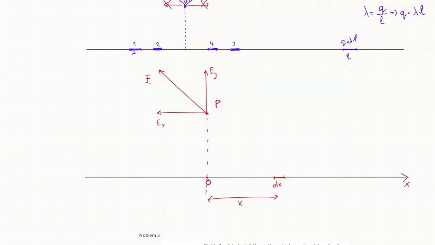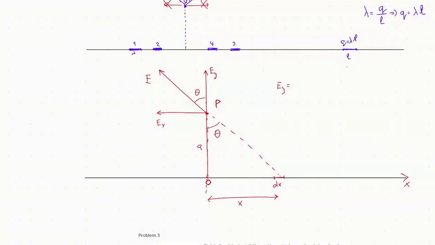Now EY is going to be equal to, so this is distance a, this is distance x. We can say that this angle is theta. So this angle is also theta.